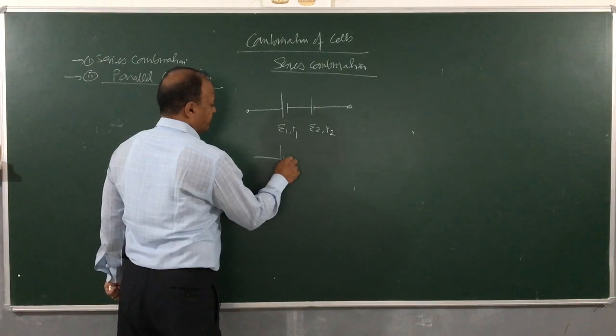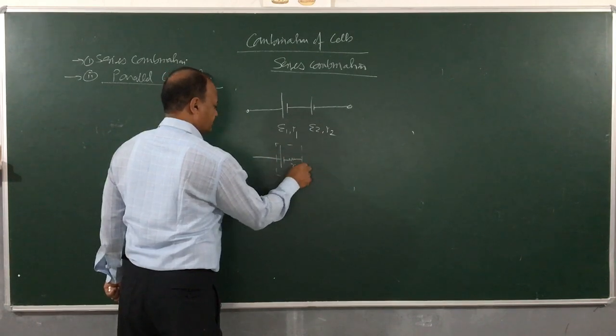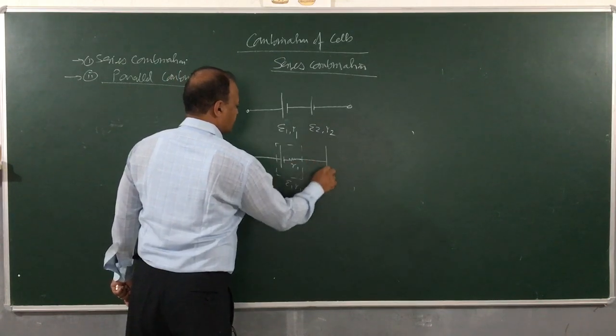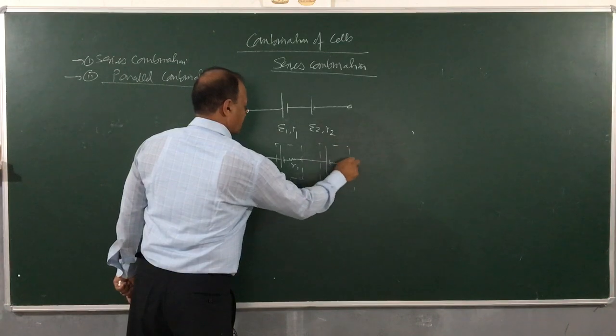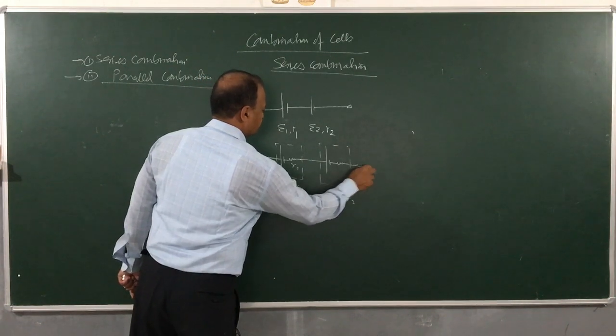We have EMF, we have internal resistance R1, and this becomes first cell. So we will be writing E1 comma R1. Now here we put another cell. Children, EMF is E2, internal resistance is R2, right?